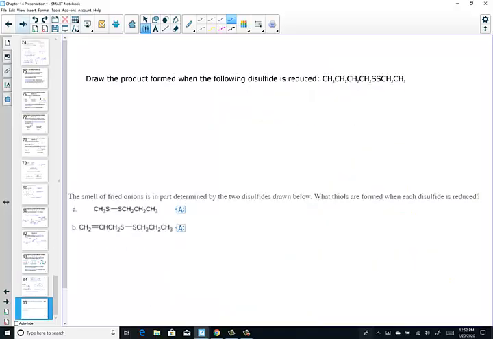Draw the product formed when the disulfide is reduced. So notice here we've got to find the sulfide bond and then just break it. So I have 1, 2, 3, 4 carbons.